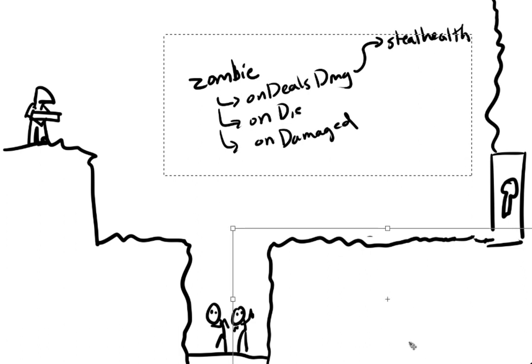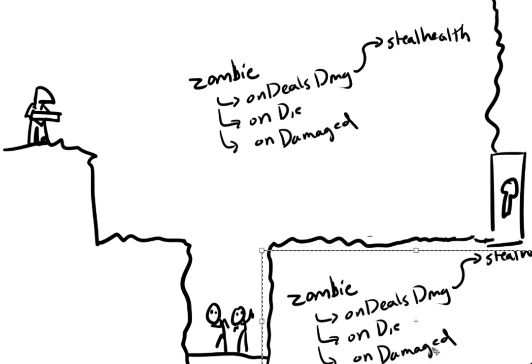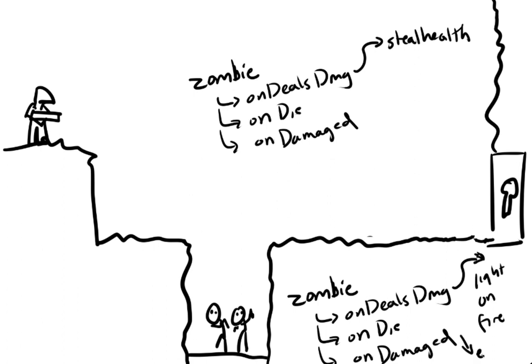There we are. Like so. And we just remove the steal health option, and instead we add in a light on fire option. And it just works. It instantly just runs. We can even add an on damaged where they explode violently.